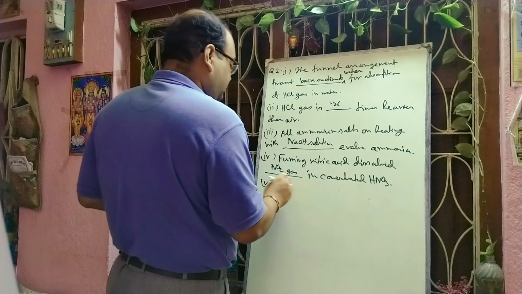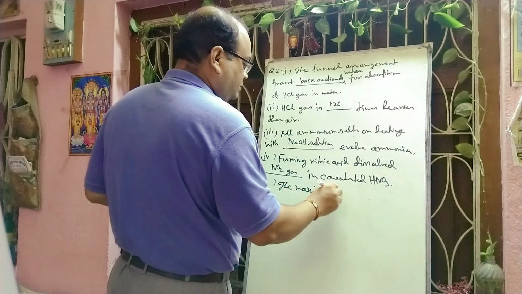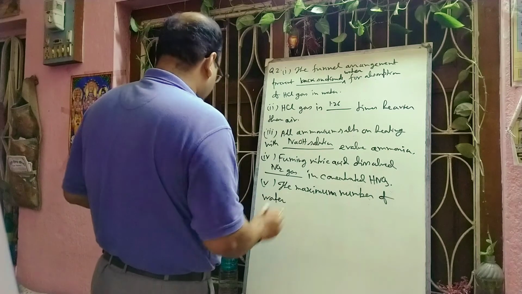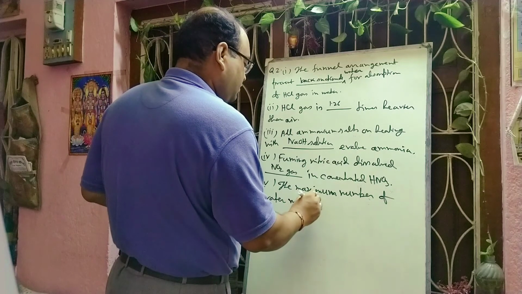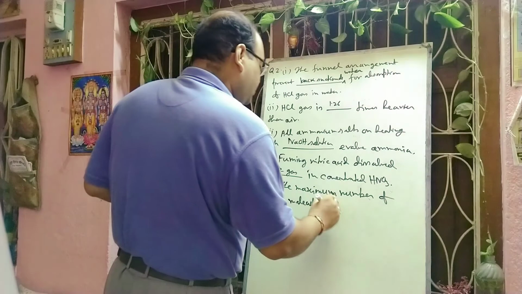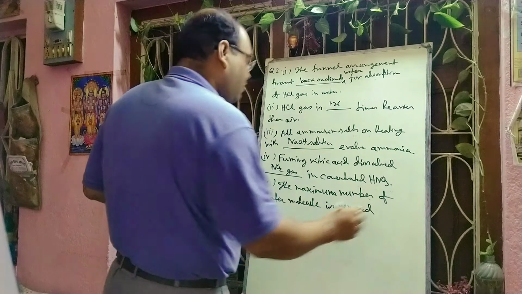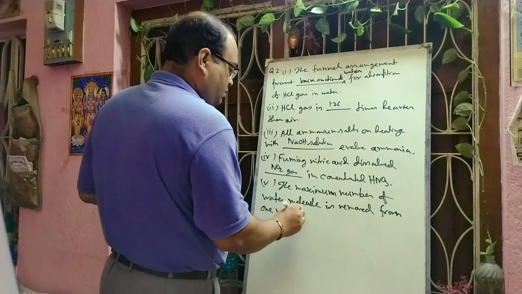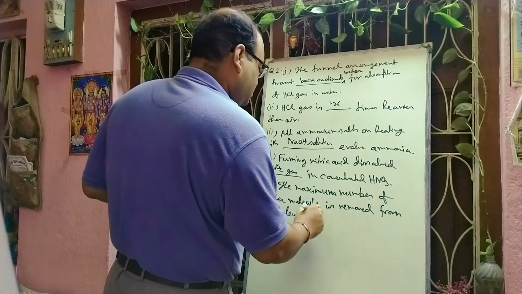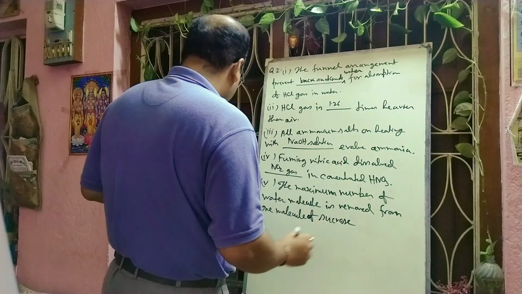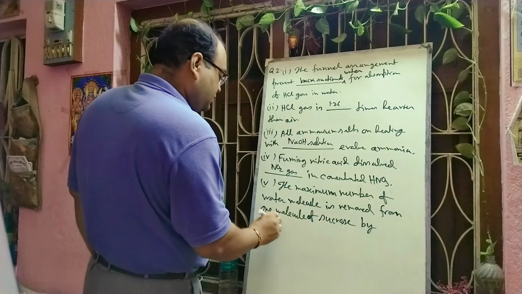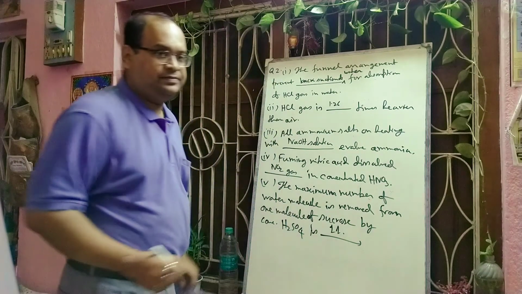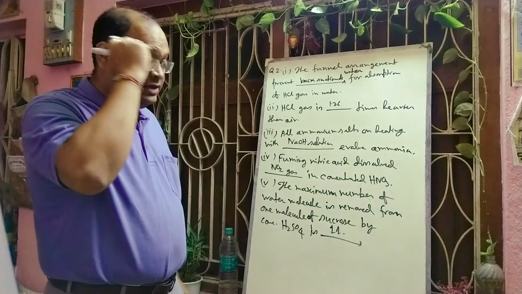The maximum number of water molecules removed from one molecule of sucrose by concentrated sulfuric acid is, your answer will be 11, as the formula is C12H22O11.